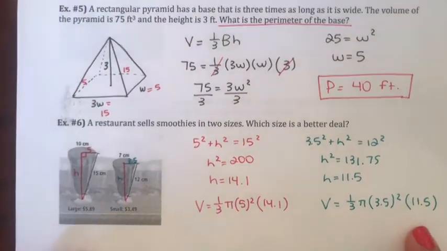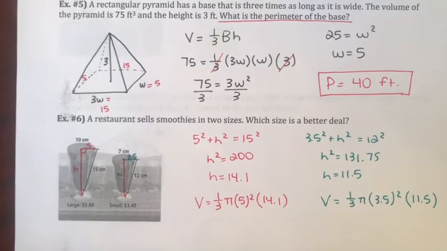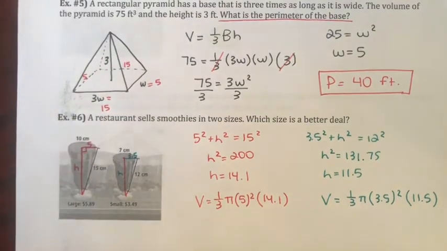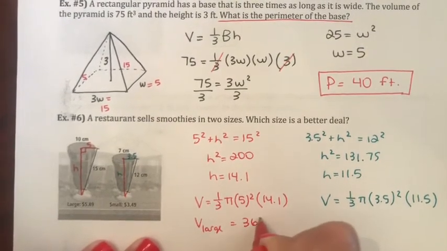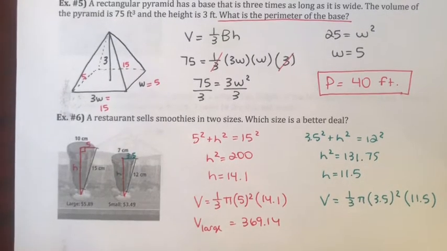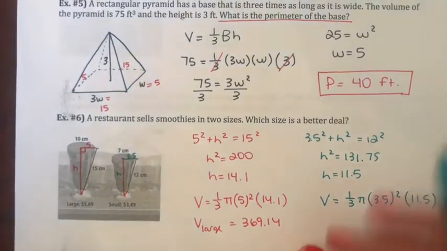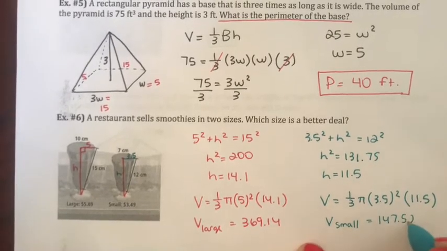Okay, so plugging these both into our calculator, we get a volume of the large smoothie is 369.14. Okay, here we have volume of the small is 147.52.